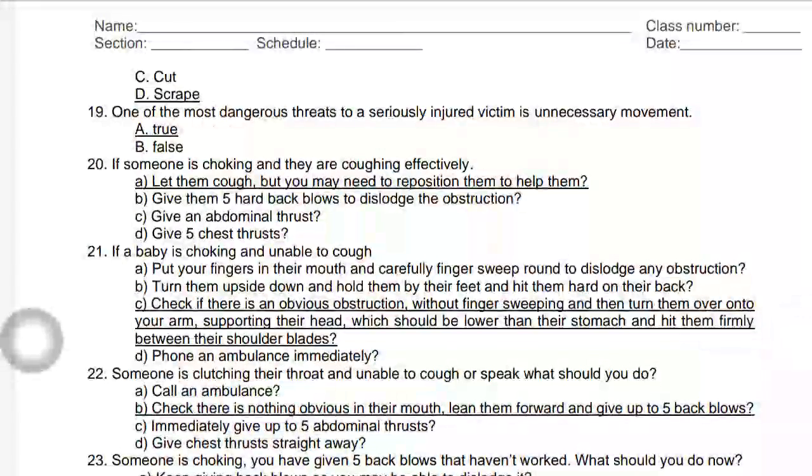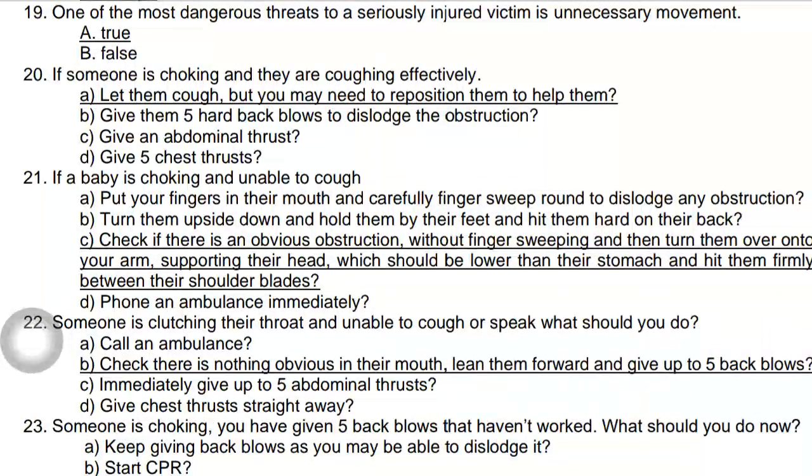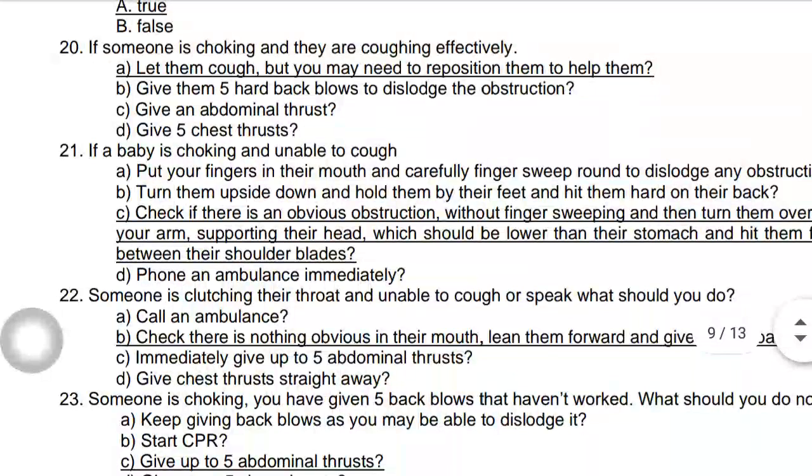So if someone is choking and they are coughing effectively, let them cough, but you may need to reposition them to help. So let them cough if they are choking.